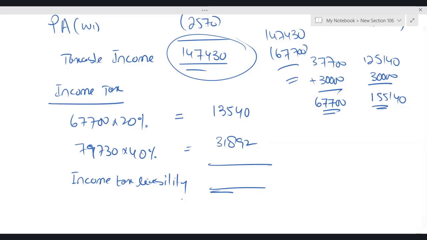So 13,540 plus 31,892, I'm getting income tax liability of 45,432.